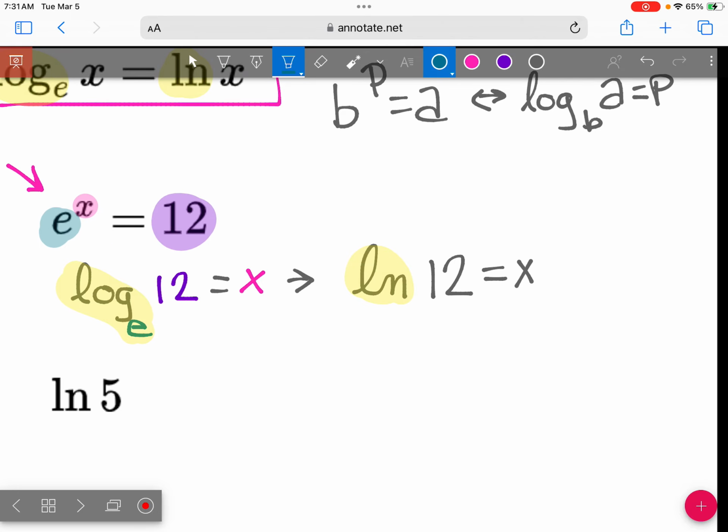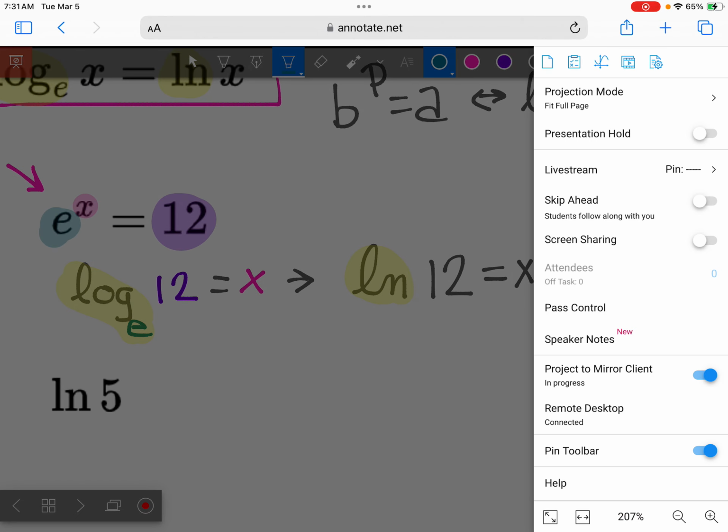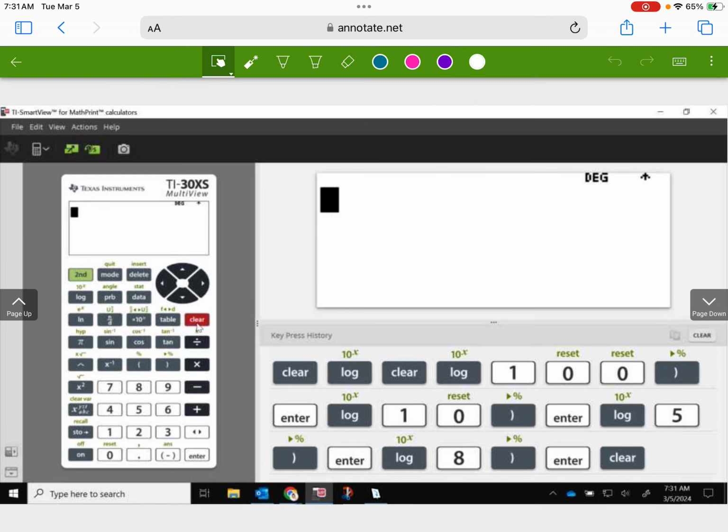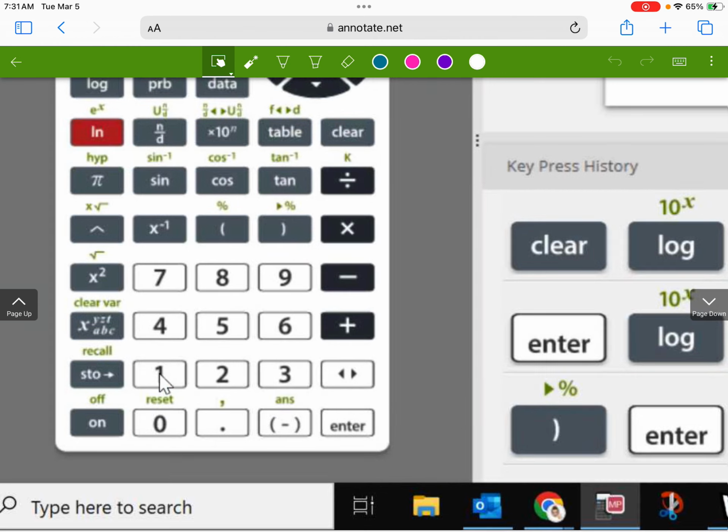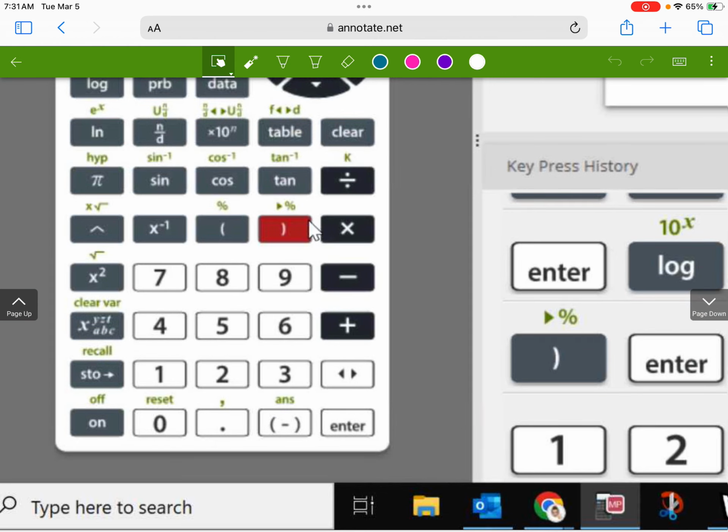That's a button on our calculator. So we're wanting to evaluate here the ln of 12. So ln is actually right below our log button. The button looks like this, ln, of 12. And it's going to give us gross numbers, and that's okay. Because we're going to have 2.4849.